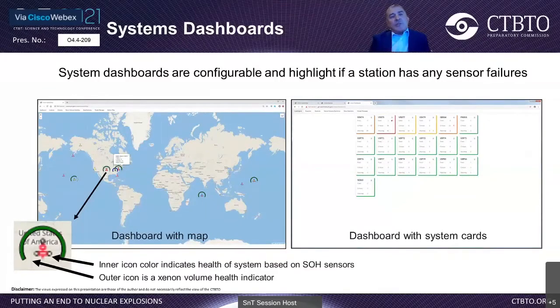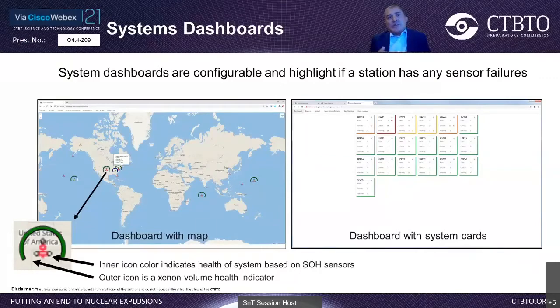And what's interesting about this is this happens to be for a noble gas system, and what you see in green is an indicator that the xenon volume, which is one metric that's typically used, is green, meaning I'm meeting the amount of xenon I need to collect in terms of how many cubic centimeters I'm collecting. But the station itself is red, so that means that while I am collecting the amount of xenon I'm expected to collect, there is an issue at that station. So you'd want to click that and get more information.